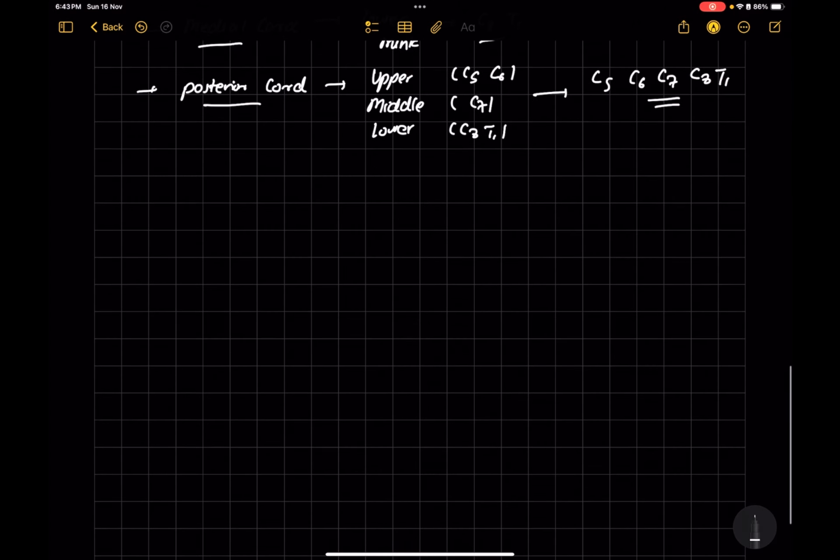Okay, now we have to understand the nerves. Now understand this, the part which required your understanding is over. Now you just simply have to mug up the names of the nerves.